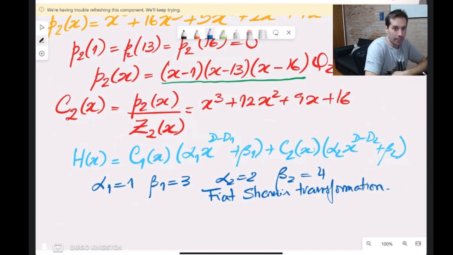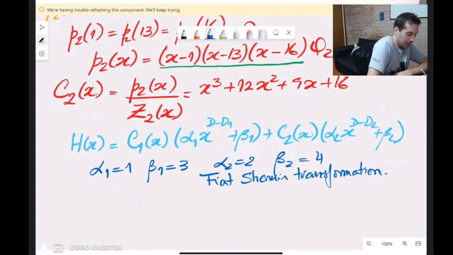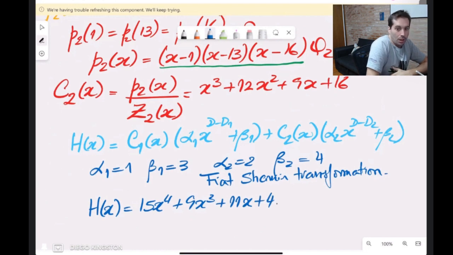Well, if we operate a little bit, we will get some composition polynomial, which looks like this: 15x to the 4 plus 9x cubed plus 11x plus 4.